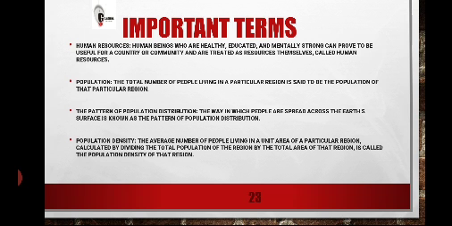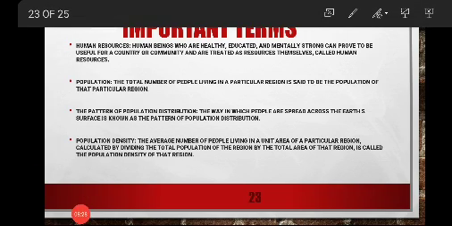Now, here are important terms that you all need to remember. So, in the form of these important terms, you will be able to recall all the important points that we have already done in the whole chapter. The first is human resource. You all know that we, the people, are the human resource of the country.